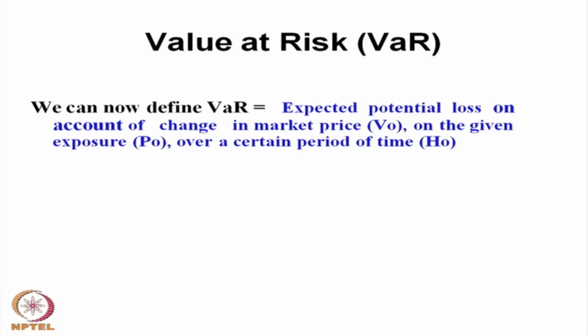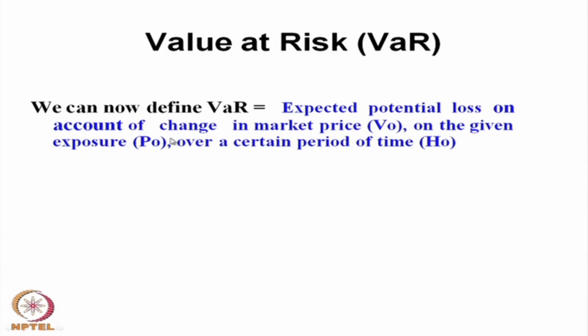So, we understood 3 parameters: expected potential loss on account of market price volatility, as the US dollar, Indian rupee is fluctuating and the volatility is coming from the fluctuation side; the exposure amount, how much US dollar we are keeping, 10 million US dollar, so the exposure is P0, 10 million US dollar; and how many days you are keeping, suppose 10 days, the period of time.